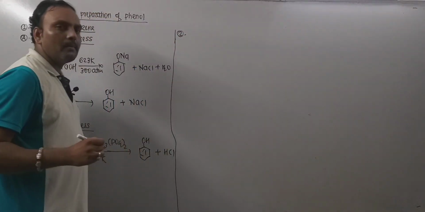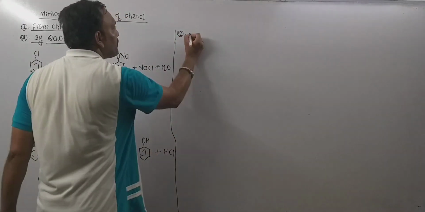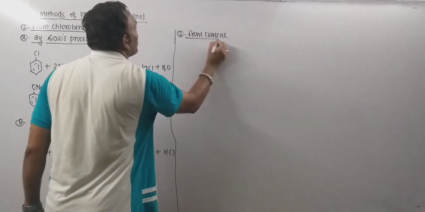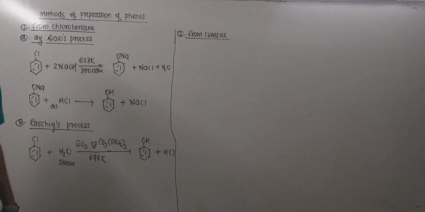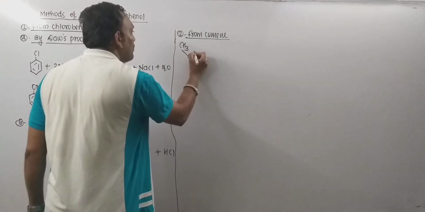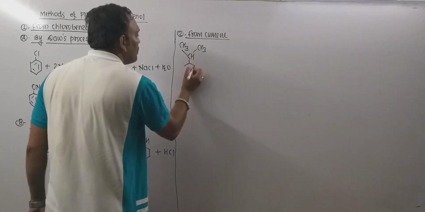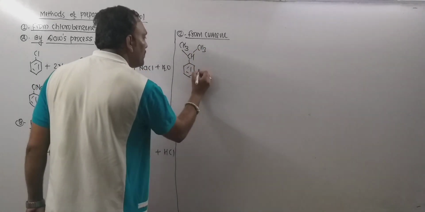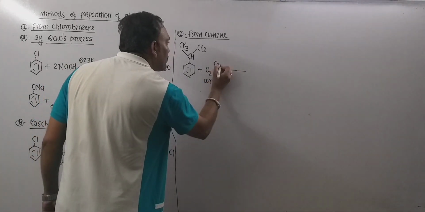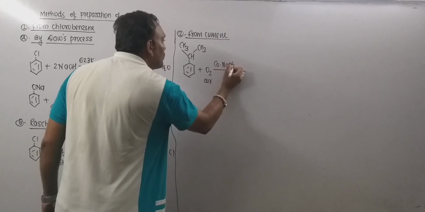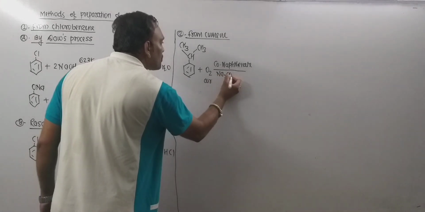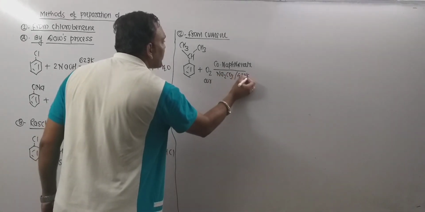The second method of preparation of phenol is from cumene, that is isopropyl benzene. Remember, this is a commercial method of preparation of phenol. This is cumene, which is popularly known as isopropyl benzene. This cumene is air oxidized in presence of cobalt naphthenate in alkaline medium, like Na2CO3, at about 423 Kelvin.